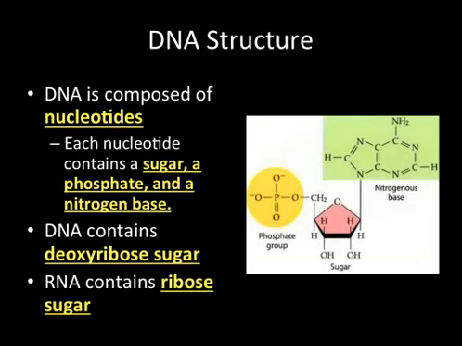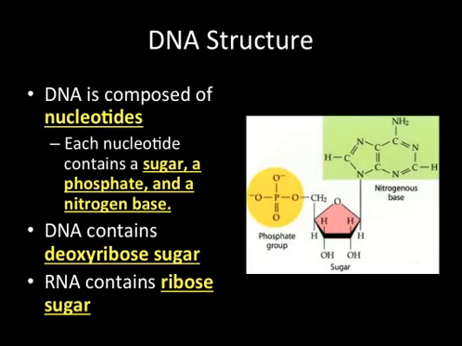The nitrogen bases are the code. The phosphates and the sugar make up the backbone of the DNA molecule. So if you picture it as kind of a twisted ladder, which is the term that we use in biology class, the phosphate and the sugar are the outside parts of the ladder that you would hang on to as you go up, and the rungs of the ladder, or the things that you would step on, would be the nitrogen bases.